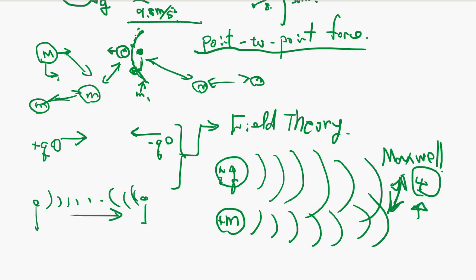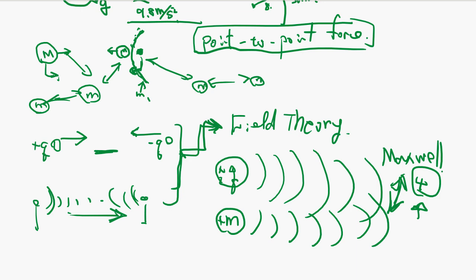Okay, so Coulomb theory is just like point to point, right? But for electromagnetic material, the theory evolved using field theory. It's far more complicated than just point to point.